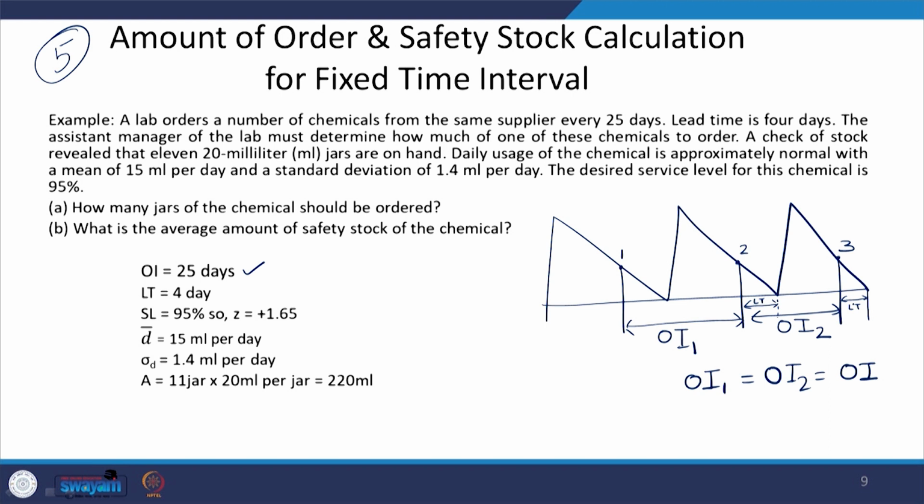So, here the order interval is 25 days, lead time is 4 days, the service level which is desirable is 95%, the average consumption rate is 15 milliliter per day, and standard deviation in the demand is 1.4 milliliter per day, and on a particular day when I am checking my stock, the available quantity in my inventory is 220 milliliter.